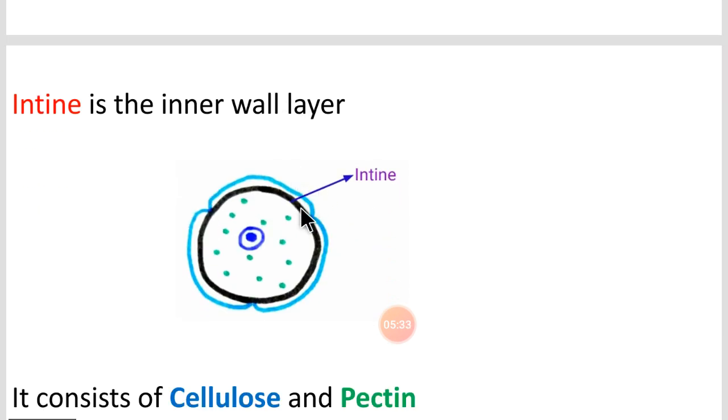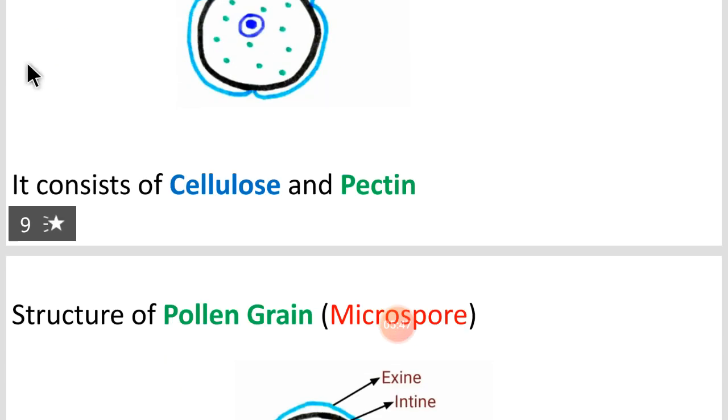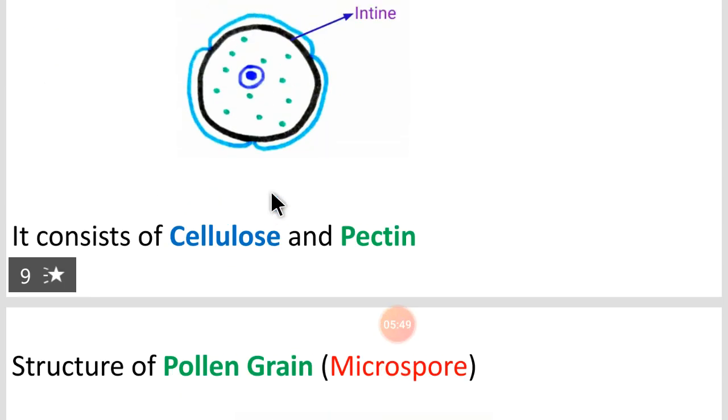Now the second layer, shown in black, is the intine. It is inner to the exine, the inner wall layer, and it consists of cellulose and pectin.